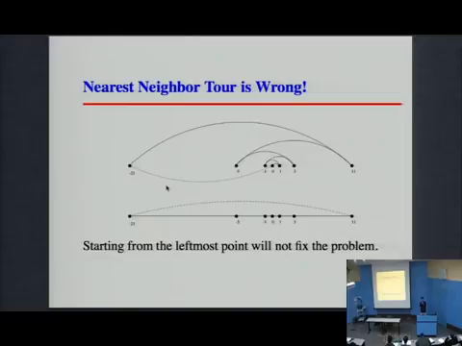Maybe there's a cleaning point, to dip the rod to keep it clean, and that would be my excuse for why it might have to be closed. But if you don't close it, the problem doesn't change very much. Finding a tour turns out to be no easier if you don't require it to be closed, just if you require it to visit every point. Any questions about that?